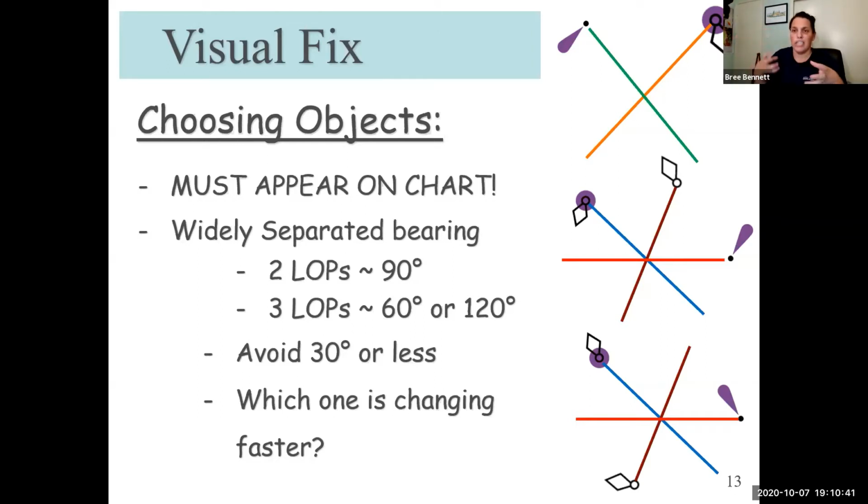Well, it will be changing a little bit, but not as quickly. So you can keep that in mind on kind of weighting these LOPs. Like, I'm going to depend more on this one or put more weight in this one when I get my fix.